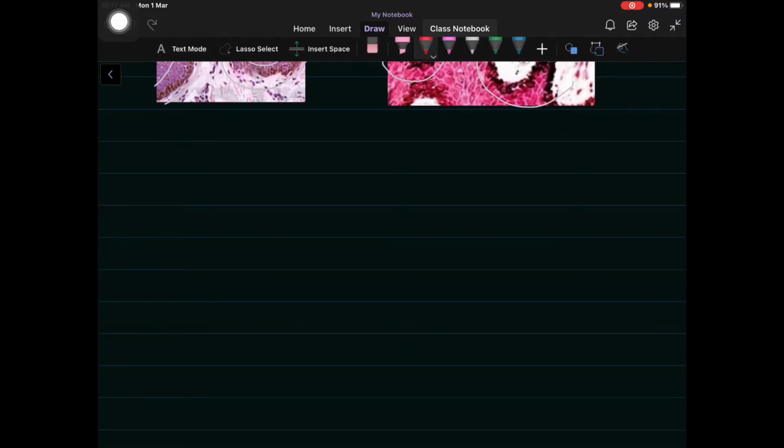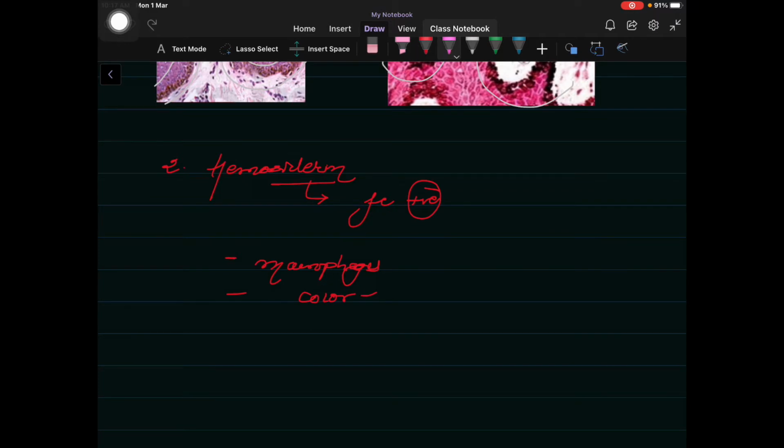So the next pigment is hemosiderin. From the name siderin we can identify it is an iron positive pigment, and generally it is present in the macrophages. Its color is golden yellow.